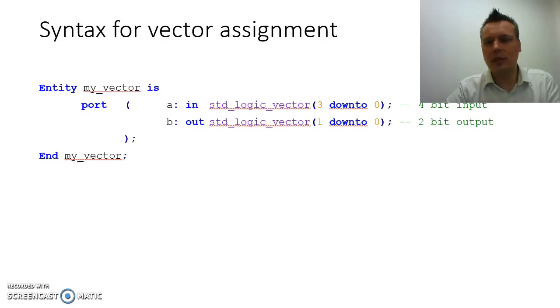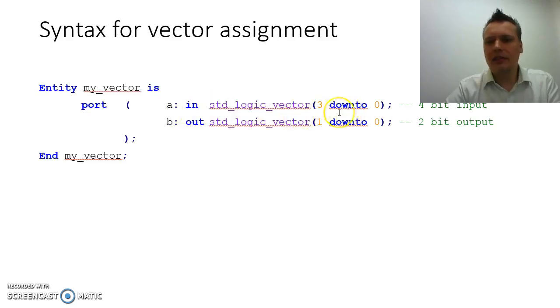The syntax for how we define and assign values to these standard vectors is as follows. If you take this example from the VHDL Handbook, we can see we define an entity, my vector, and that my vector is a port. So we have input. The input is a standard logic vector.